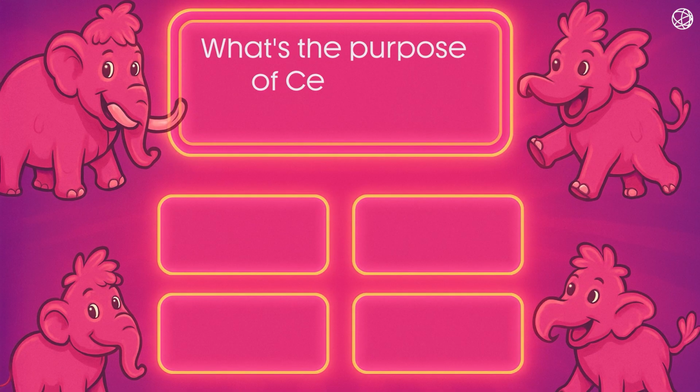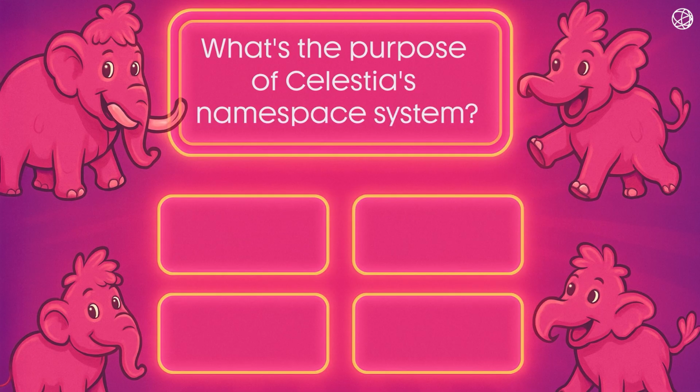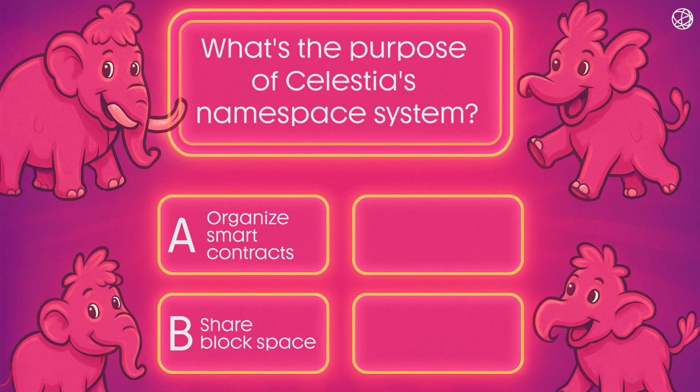Number 4. Celestia has a namespace system. What is the main purpose of Celestia's namespace system? Is it to organize smart contracts, to enable multiple applications and rollups to share block space, to categorize transactions, or to manage validator sets? B. Yes. Okay, 3 for 4 so far. Last one, see if you can get 4 for 5.